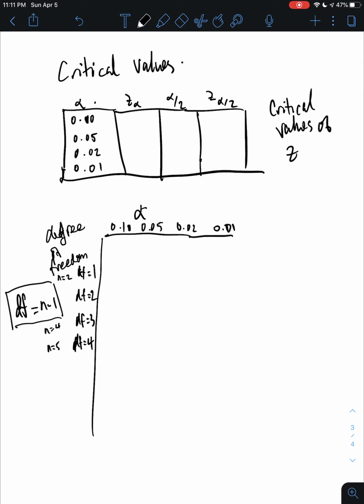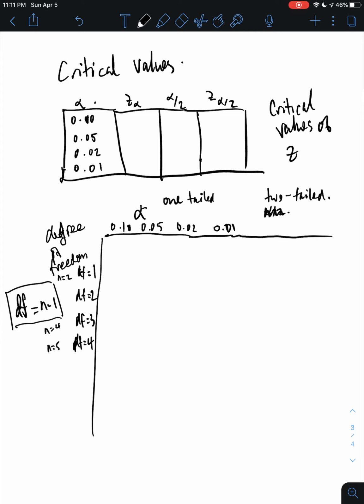Alpha, and we also have to have a distinction between one-tailed and two-tailed. We have to be careful of whether we're dealing with alpha or alpha over 2, and different tables write this in different ways.